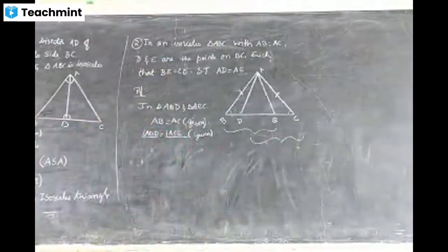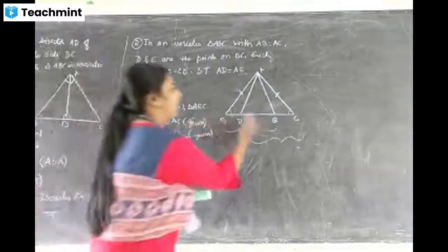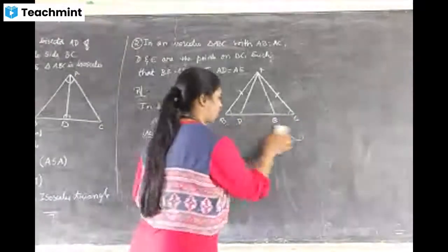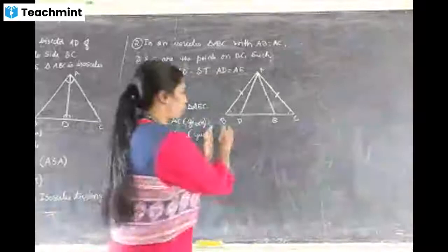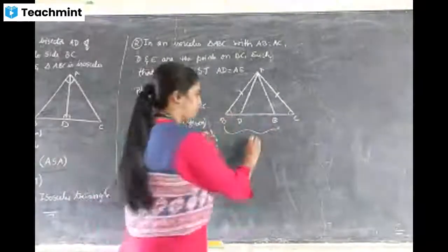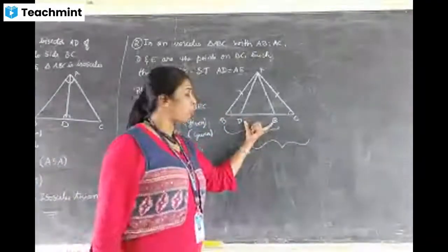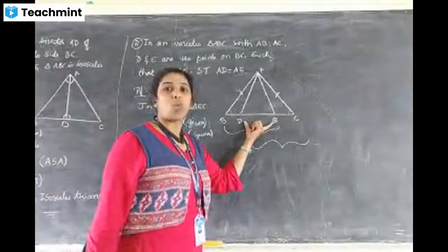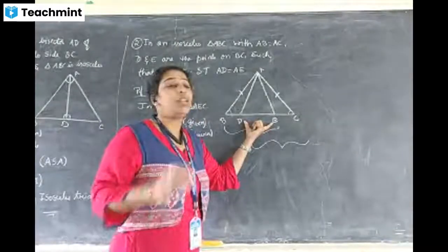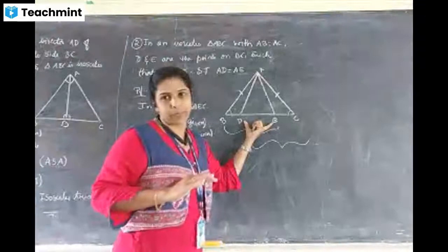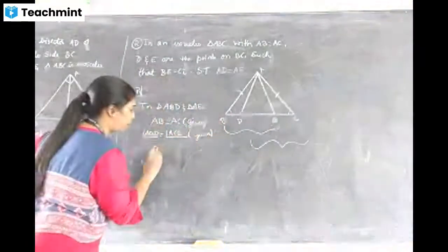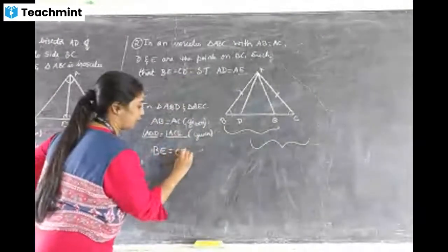How can we get BD and CE? Understood what I'm saying? Now, from here to here and here, I don't want this part. So what do I do? I have to remove this part. Means I must subtract this part from both the sides. What they are given here, BE is equal to CD.